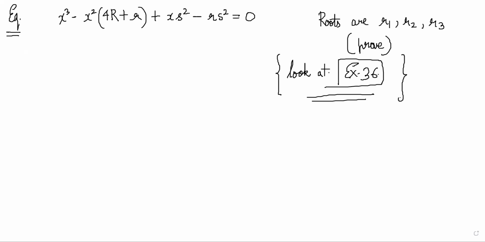So we need something that relates R1, R2, R3, and capital R, and small s.